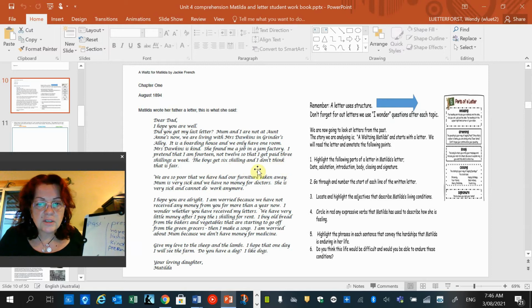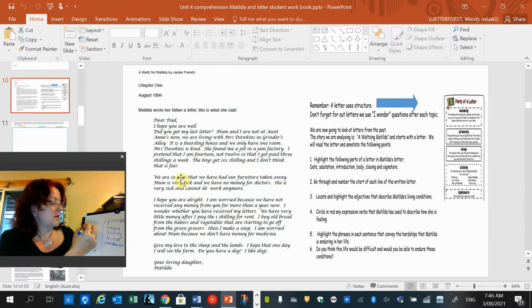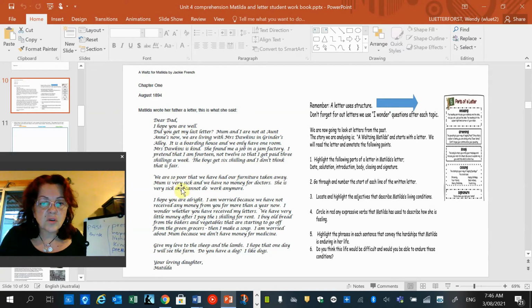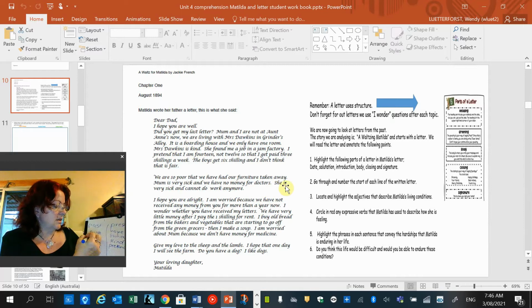The boys get 6 shillings, and I don't think that is fair. I don't think. So she's thought about it already, so that's past tense. We are so poor that we have had our furniture taken away. So taken, that's past tense.